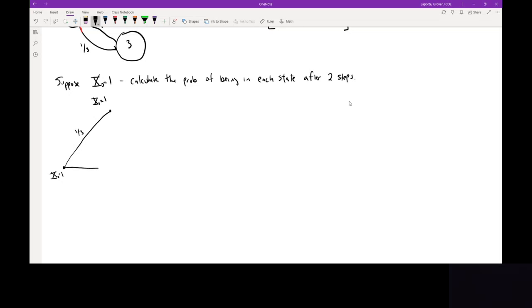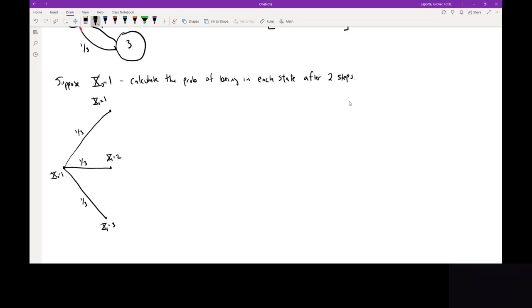I can get to state 2 with also a 1/3 probability, so this is x1 equal to state 2. And this is my last one, also 1/3, so this is x1 equal to 3.